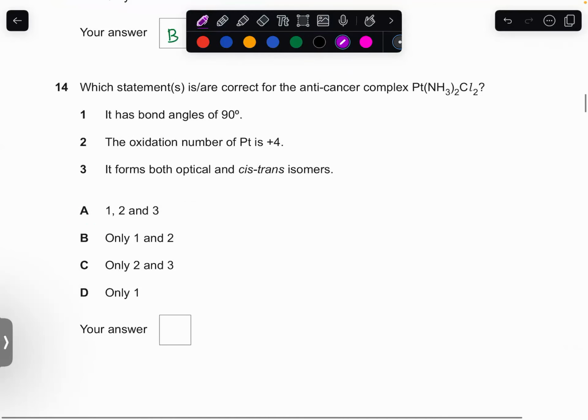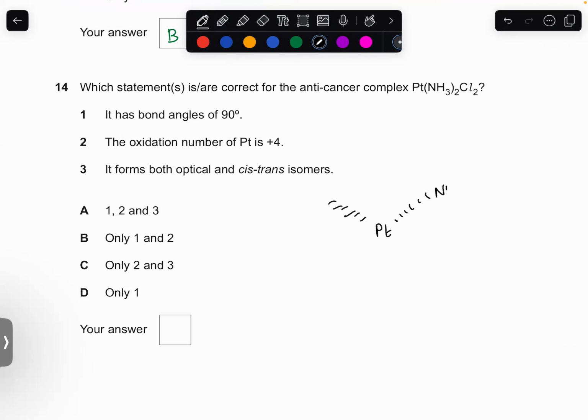We're nearly near the end. So here, which statements are correct for the anti-cancer complex? You've got a complex here. Now this complex, if we draw it, these are behind the page or behind the board. So there are different orders these can take.